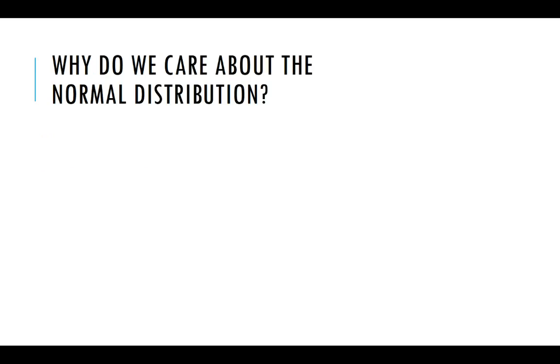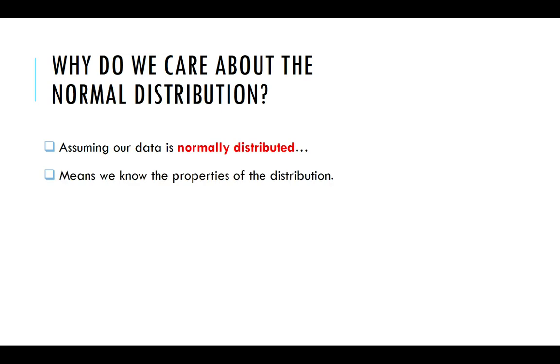So why do we care about the normal distribution? We've also talked about this a little bit. Assuming that our data is normally distributed, that means we know the properties of the distribution, right? Think about that bell-shaped curve we looked at last lesson. Remember we said if we look at plus or minus 2 standard deviations from the mean, we're going to have 95% of the observations.